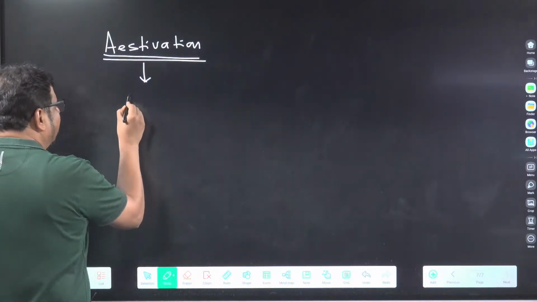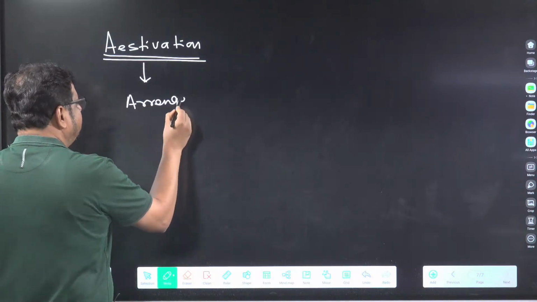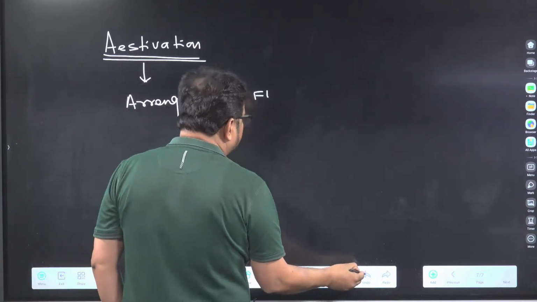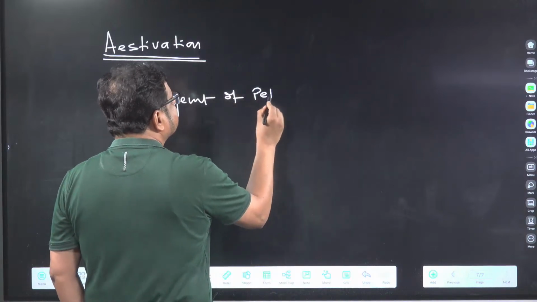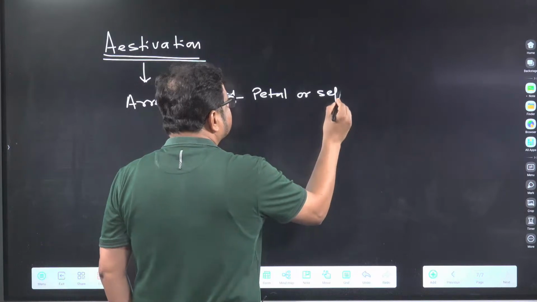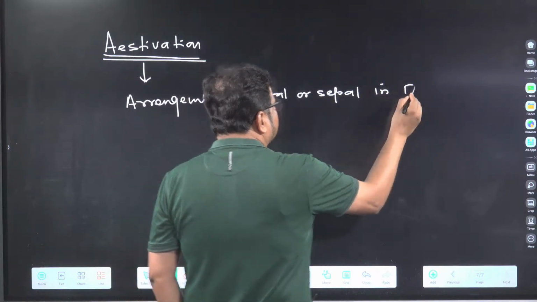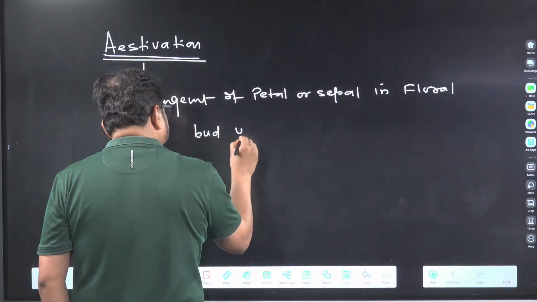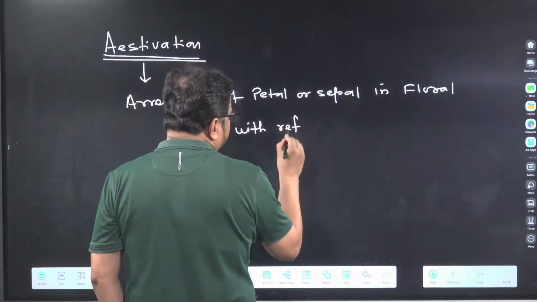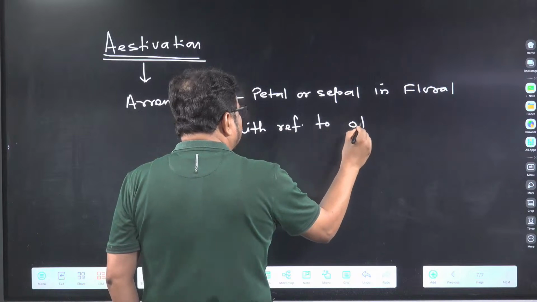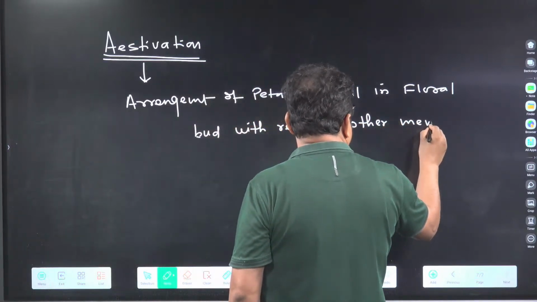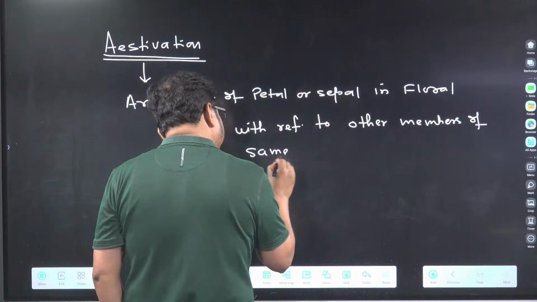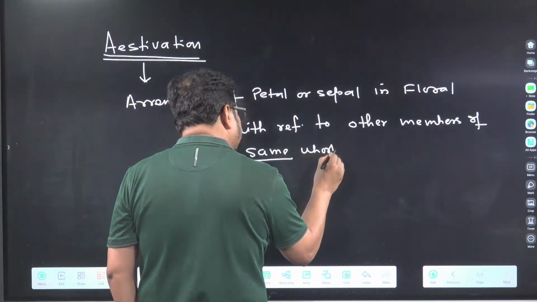We are talking about the arrangement of petals or sepals, not flowers, in the floral whorl with reference to other members of the same whorl. Be careful, the arrangement of floral members with reference to other members of the same whorl is called estivation.